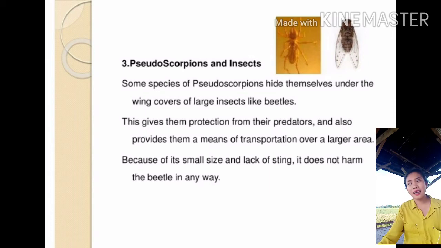Again, commensalism, the other one benefits and the host is not harmed. The same with the beetle and the pseudoscorpion. The pseudoscorpion does not harm the beetle, but the insect gives transportation and protection from the predators for that pseudoscorpion.